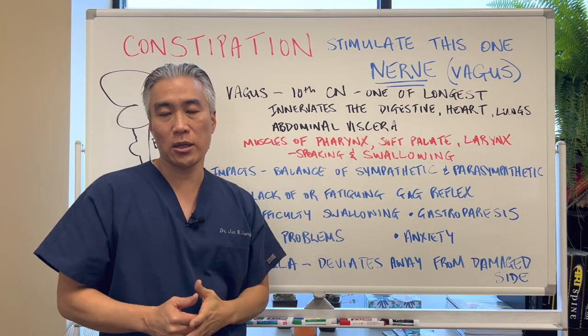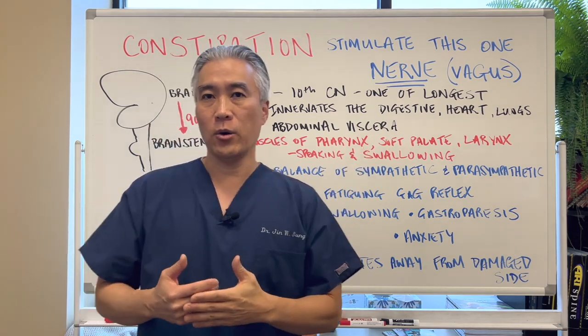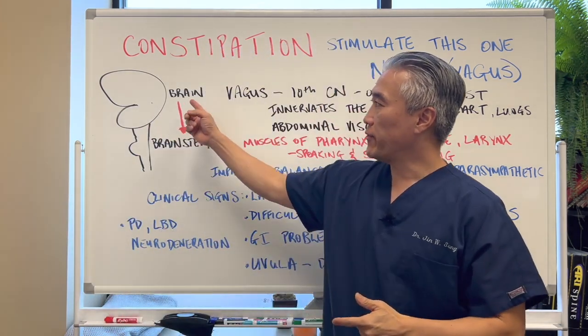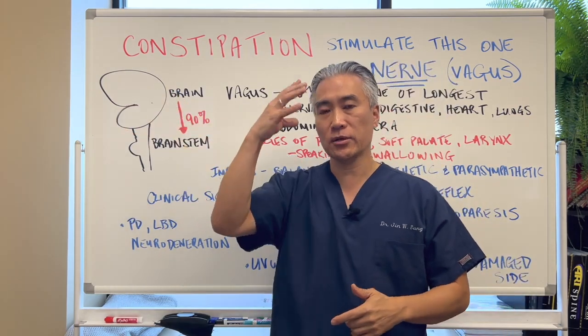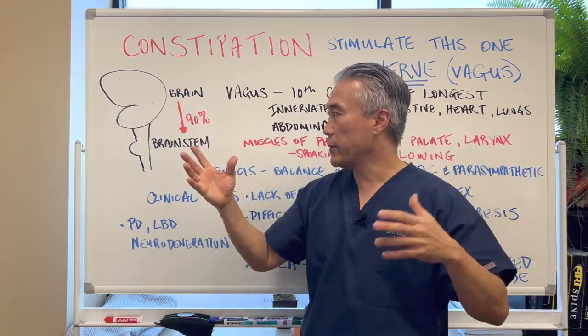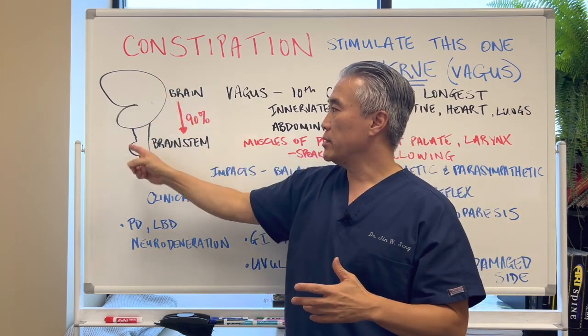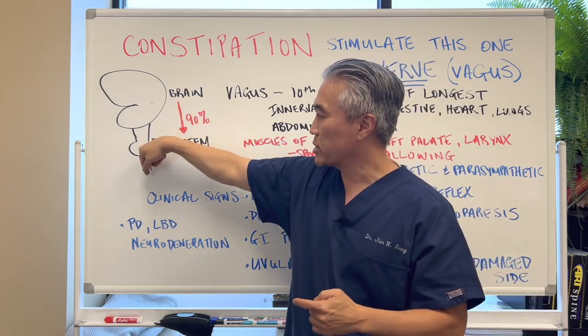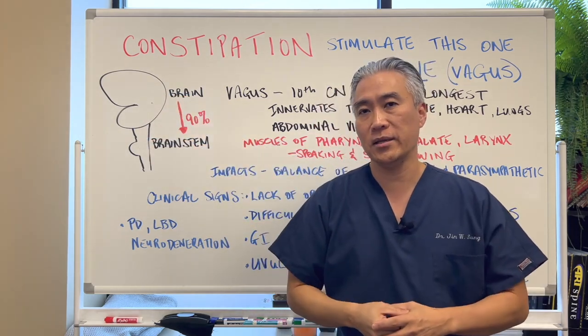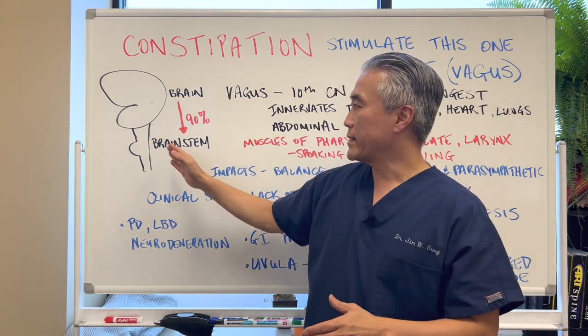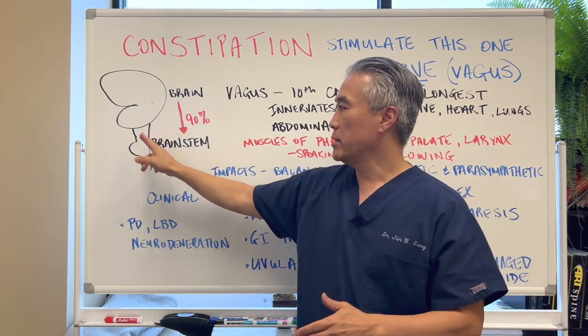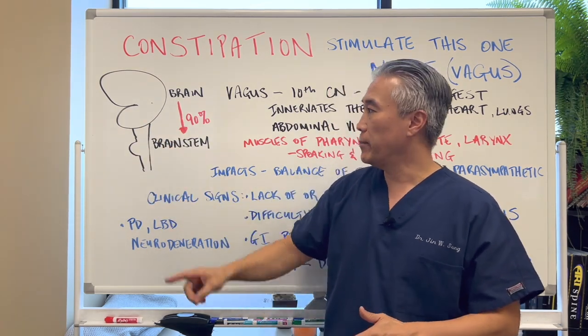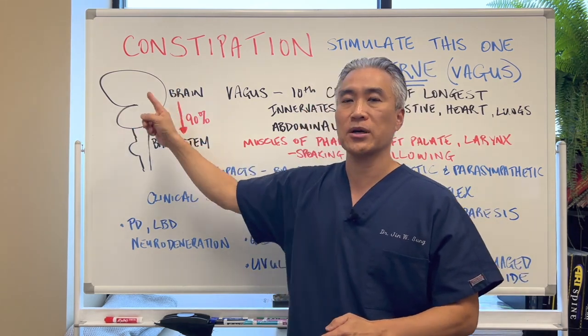Speaking and swallowing, okay? Now, it's important to understand that the entire brain, frontal lobe, temporal lobe, occipital lobe, all the parts of the brain will fire 90% of the output through the brainstem where cranial nerve 10 lives. So it can inhibit or stimulate the vagus nerve in the brainstem by having proper brain function.